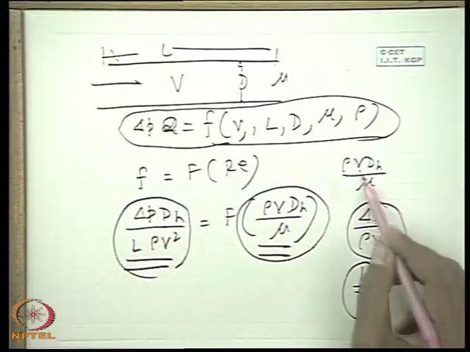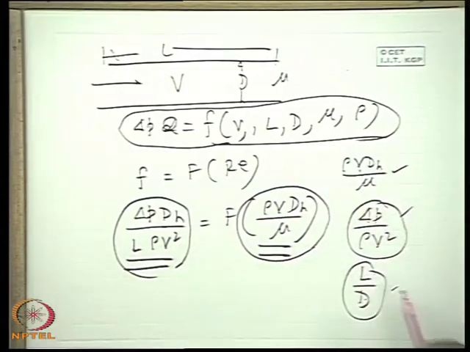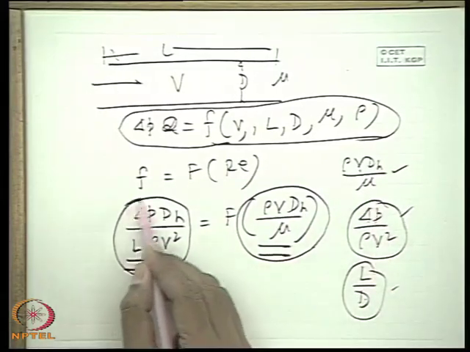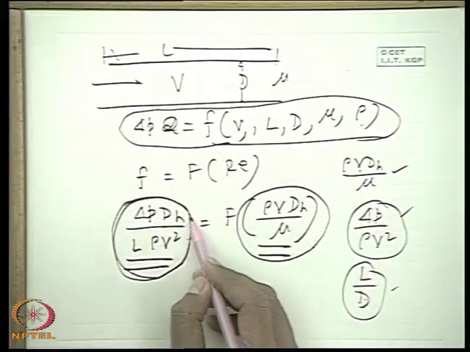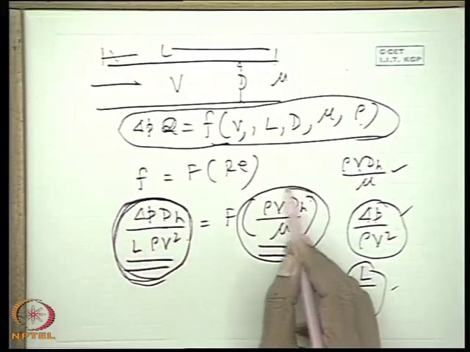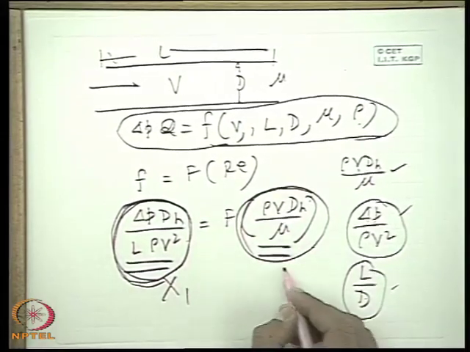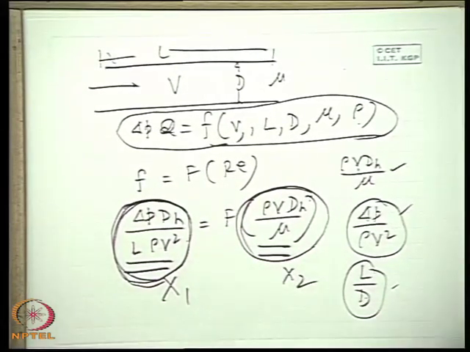But these three dimensionless parameters representing the dynamic similarity may also be clubbed in this form, so that the entire problem may be described as a parameter this being a function of parameter this. Let this parameter be x1 as a function of x2. Now the question is, if it is so obtainable, then it is very fine.